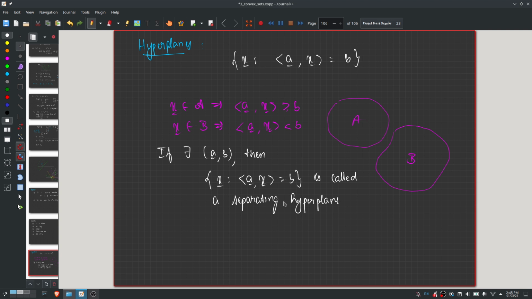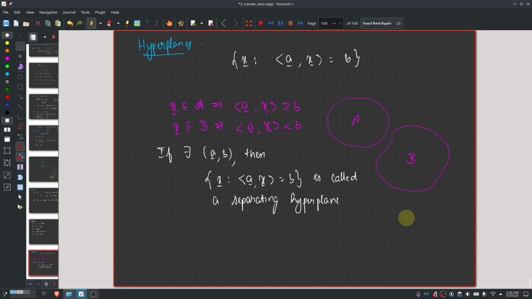So if I give you two arbitrary sets, is it always possible to construct a separating hyperplane? Suppose A and B are disjoint. Is it always possible? Sure, true.